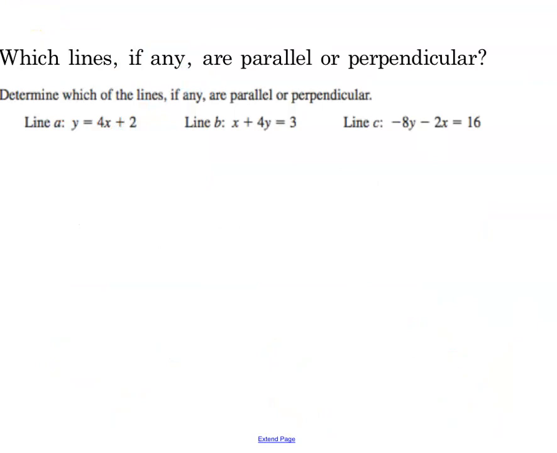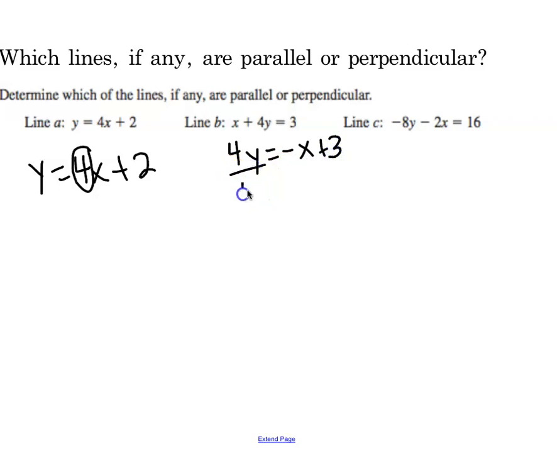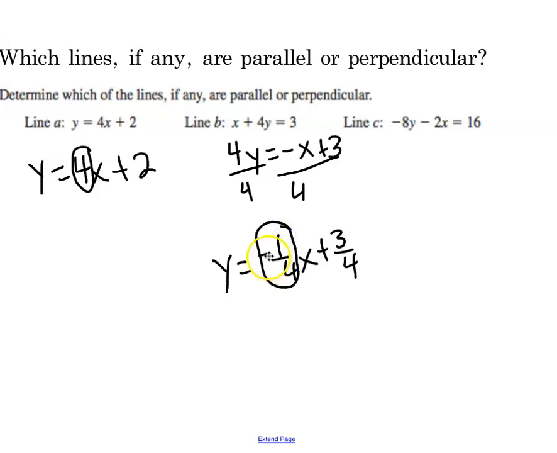So in this case, you're given 3 lines. The easiest way is to put them all in slope-intercept form so we can see the slopes. So if I do that, remember from yesterday, this is 4y equals -x plus 3. I divide by 4, and I get y equals -1/4 x plus 3/4. So the slope in this case is -1/4.